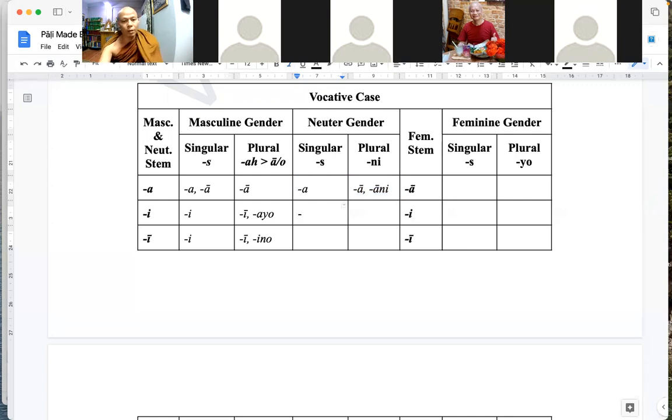And for the i, also the first form is i, a singular form, but plural becomes long, and then to the long ī, another one is added. So in masculine, muni, muni, muniyo. But in neuter, it is ati, ati, ati-ni.